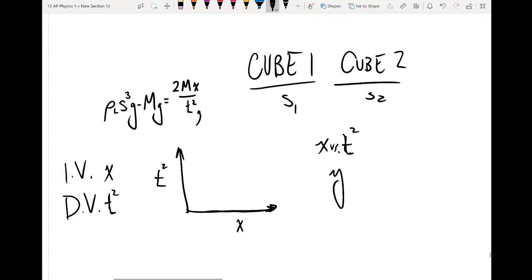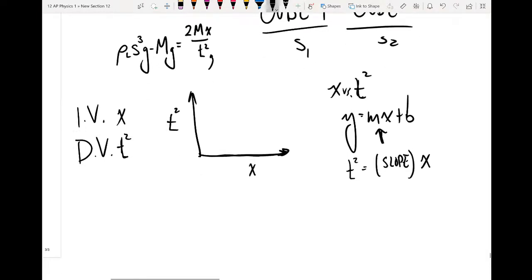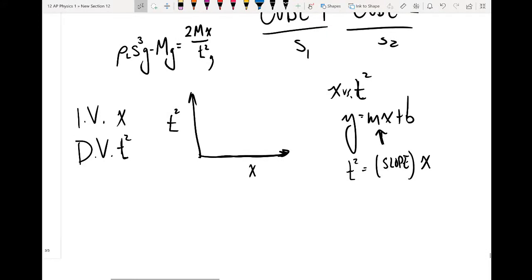So I want it to look like this y equals mx plus b form. So I'm going to try to rearrange it so that t squared is related to some sort of slope times my x, so that I can get this y equals mx plus b form. And if I graph t squared versus x, I will have a linearized relationship.